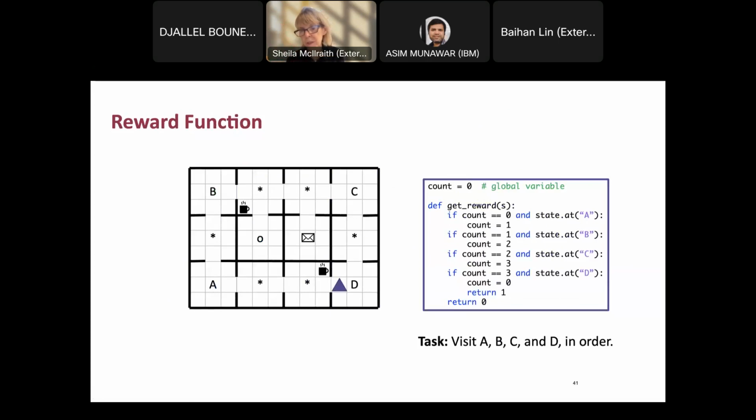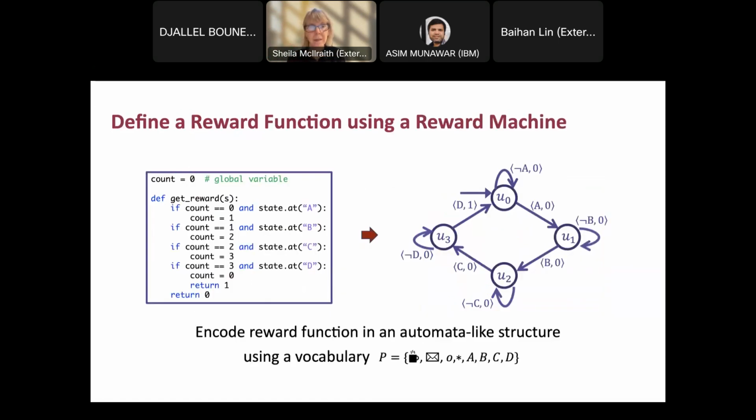And here's a very simple way of doing it on the right. What we're advocating for here is to define a reward function using a reward machine. So what we would do is take the Python code and instead write it in an automata-like structure that I'm going to describe in further detail in the next slide. But it's over a vocabulary, which is a set of propositions.